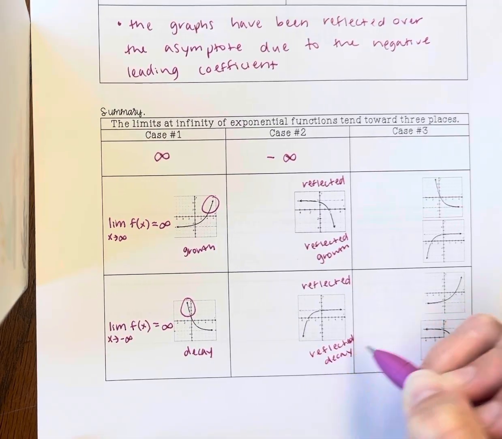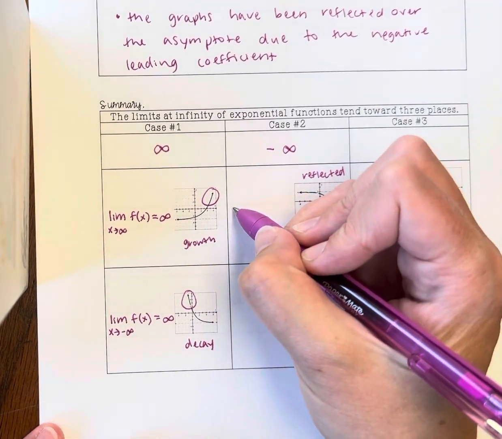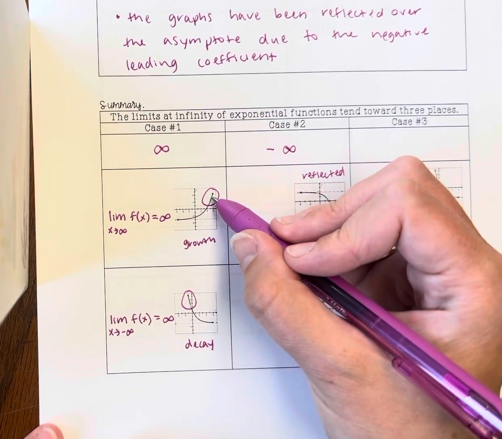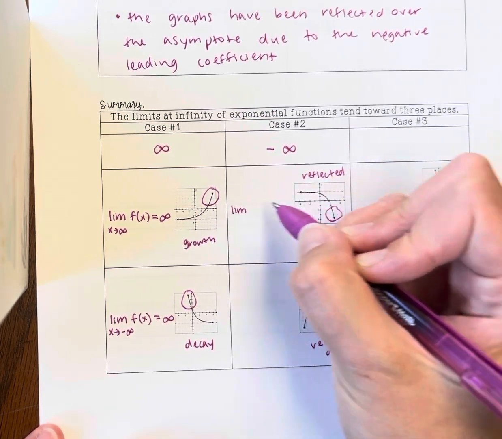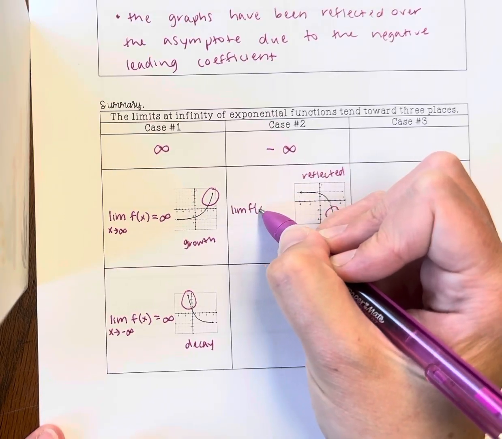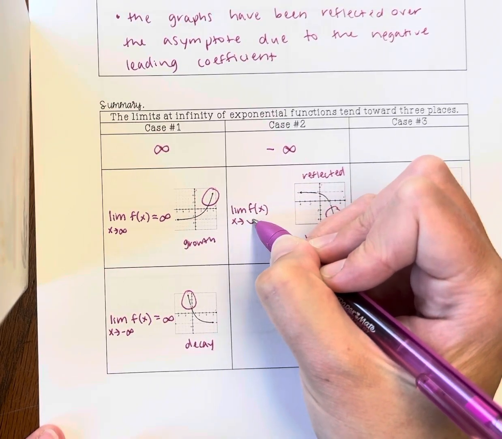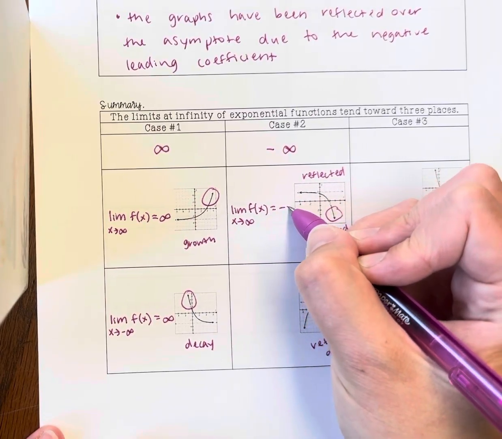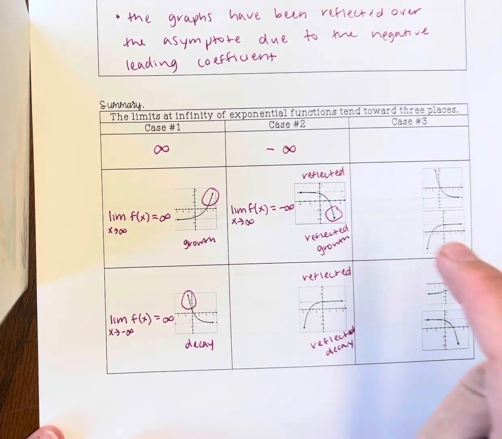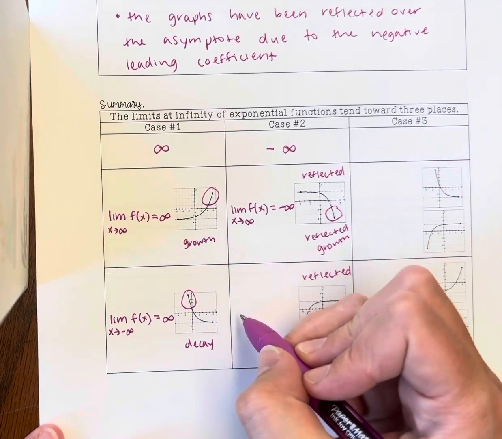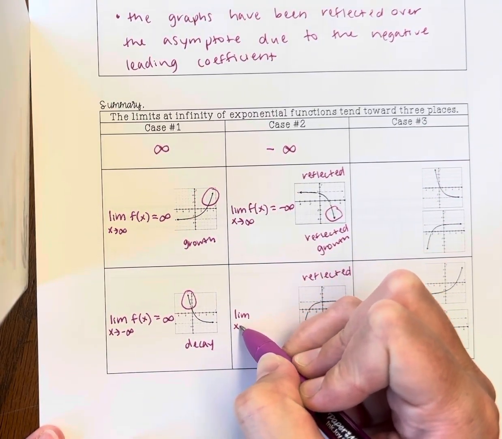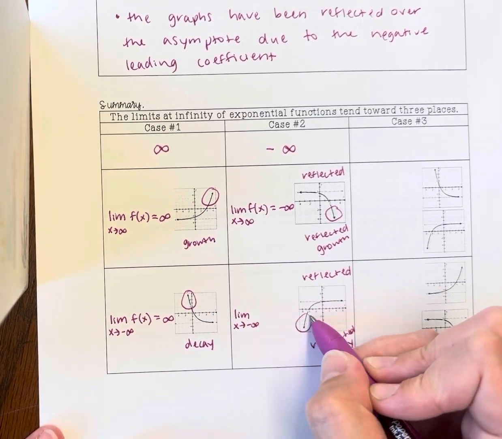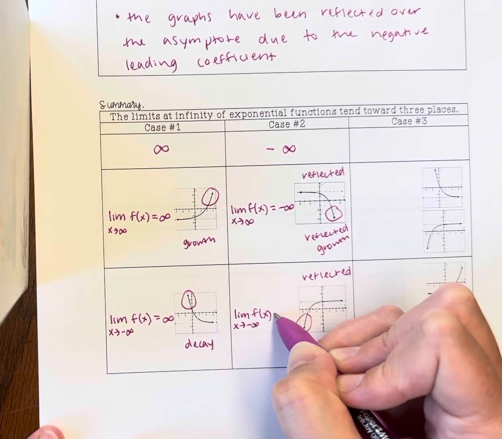I know I wrote reflected on both twice, but whatever. So if you had a reflected growth graph, it would be going up towards infinity here, but now it's going down towards negative infinity. So as x approaches infinity, this function that's a reflected growth graph could be towards negative infinity. It's the reflection of this. Same thing here, it's the reflection of this, where it once would have been pointing towards infinity, it's now pointing down towards negative infinity.